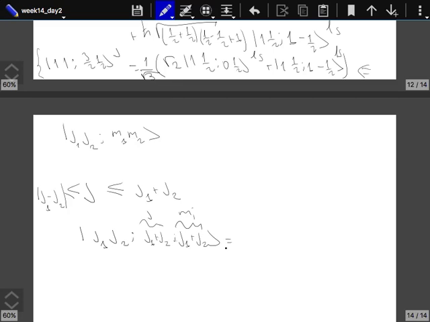If I write it in terms of the uncoupled basis, well, the only M1 and M2 values that will give us J1 plus J2 is M1 equal to J1, M2 equal to J2. This is the only possibility that is consistent with the fact that M1 plus M2 should be equal to J1 plus J2.